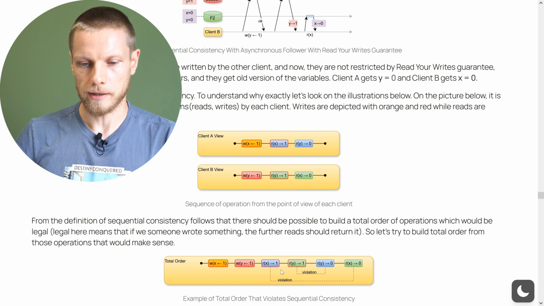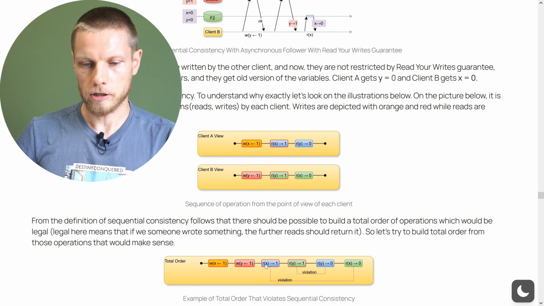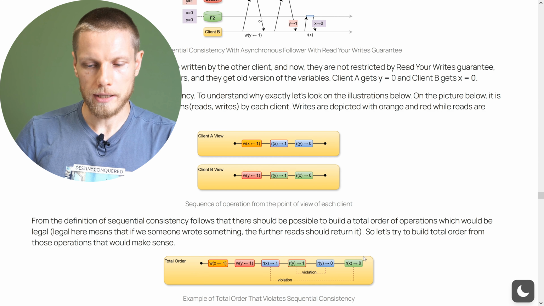Let's look deeper at them. The first violation is here: we read 1 from X, but then we read 0 from X, but between those reads there were no writes. So without any writes, in the total order the state of the variable changed from 1 to 0.